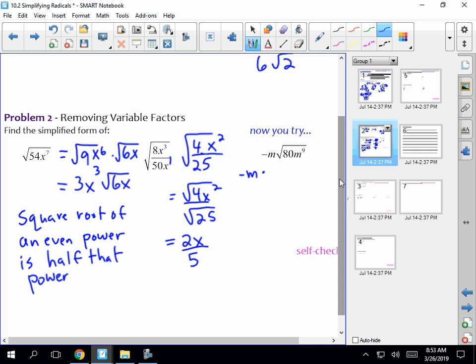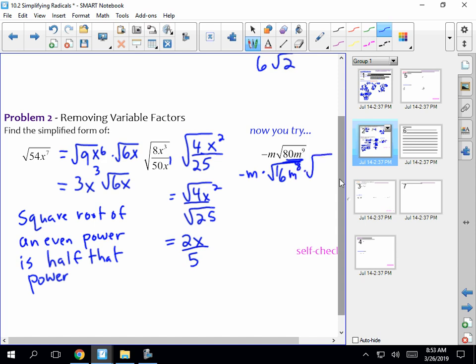So I'm going to rewrite this as 16, and then what's the biggest perfect square that goes into m to the 9th? In other words, what's the biggest even number that's less than 9? Yeah, then you go a little bit bigger. 8, yeah. So m to the 8th. And then we've got times whatever is left over.